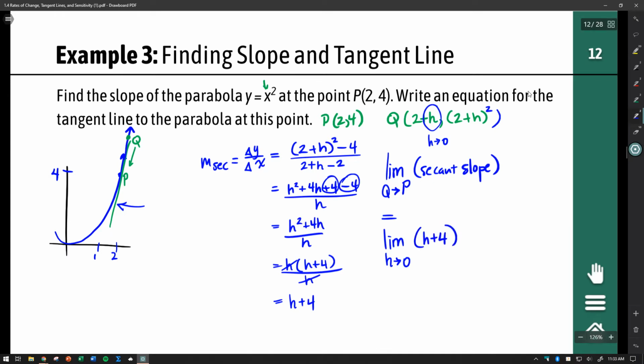So if h is going to 0, then h plus 4 is going to 0 plus 4, which is 4. And so we would argue then that the slope of the parabola y equals x squared at the point 2, 4 is 4. And we'll find out a little bit more about this process in the next video, slope of a curve.